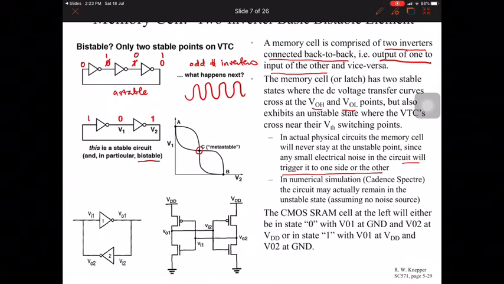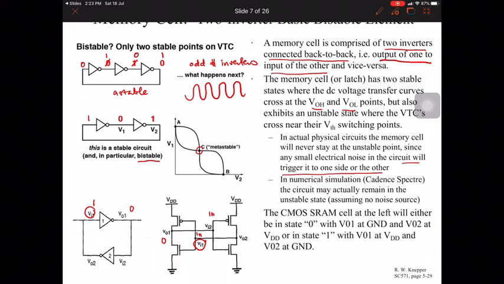Okay, so in an SRAM cell, you have the two inverters connecting back to back. This is the input of this inverter, and this is the input of this inverter. This is VI1, and let's say we put in a 1 here, and 1 will come out as a 0 here.